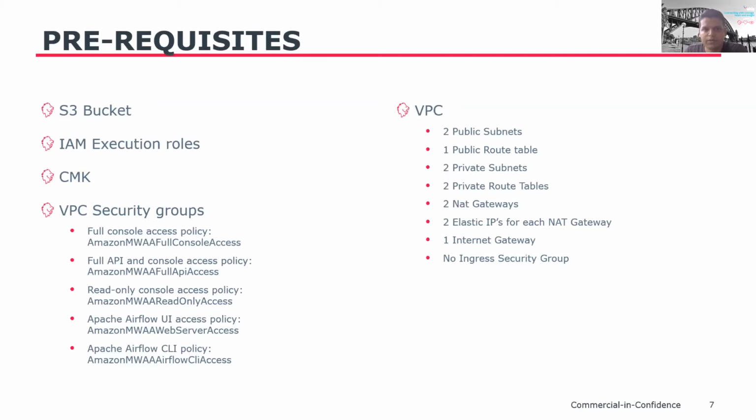Then VPC security groups allow MWAA to access other AWS resources in your VPC network. Of course, there are default options available here as well when you create an environment, or you can provide a security group with the essential inbound and outbound rules for the purpose.